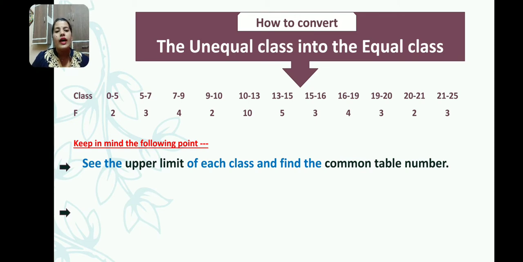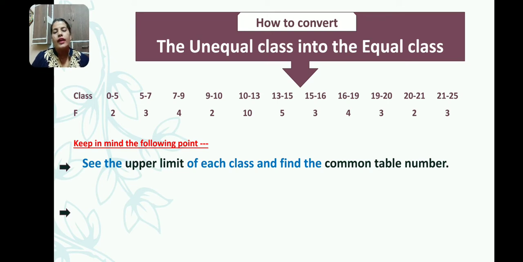You have to see the upper limit of each class. Now you have to think about the table of 2, table of 3, table of 4, table of 5. That is the trick. You try to get what the common difference should be in each class.